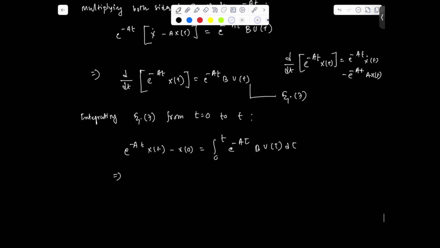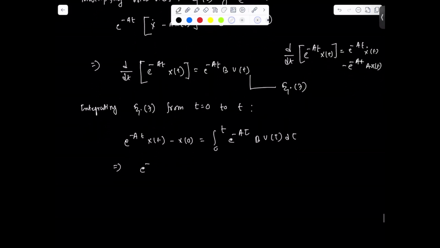And from this we can write e to the minus At x of t equal to x naught plus the integral from 0 to t of e to the minus A tau B u of tau d tau.